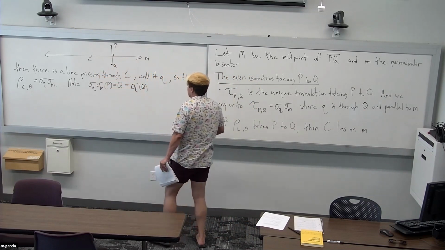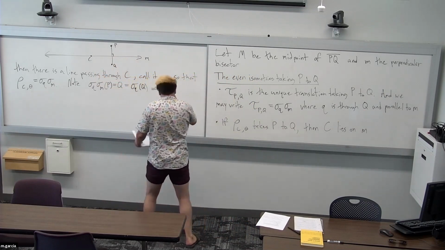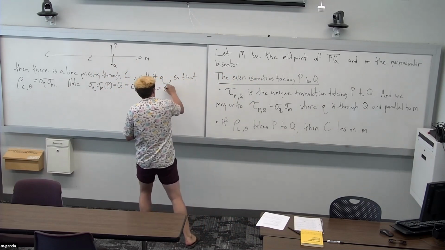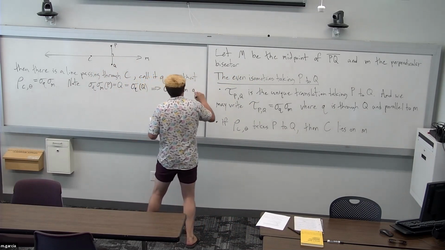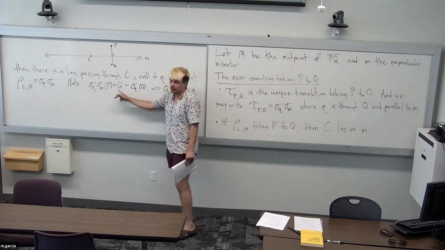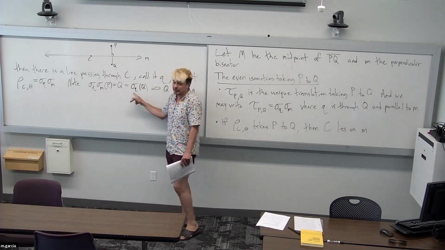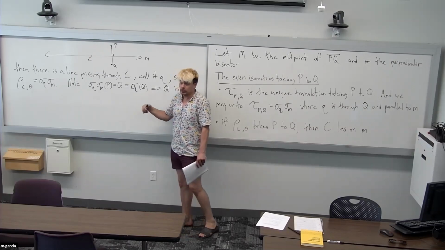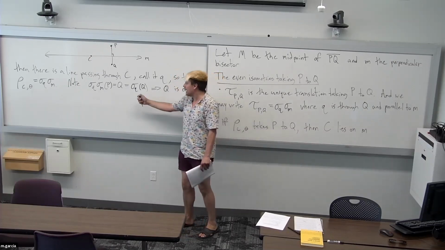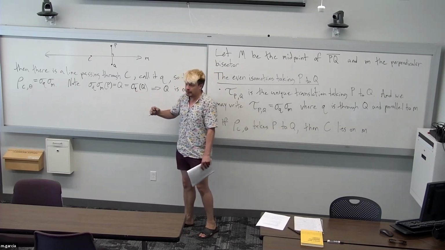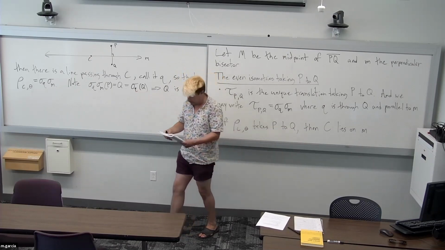So that is to say, q is on line q. That's what I've proven here, because it's fixed by sigma sub q. And the only points that are fixed by a reflection are points that lie on the axis of the reflection.